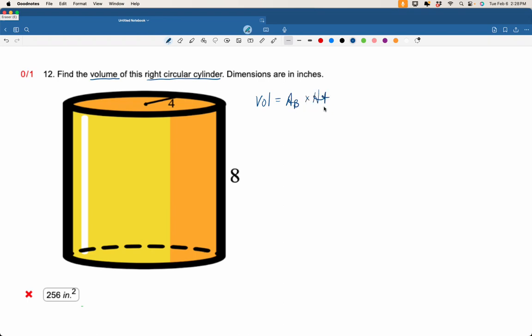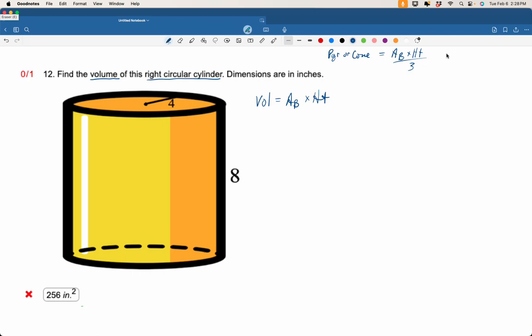Every single time. If it is a pyramid or a cone, it has a special formula, which is area of the base times the height divided by 3.